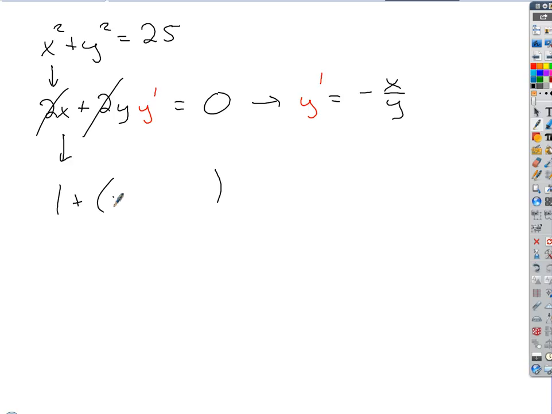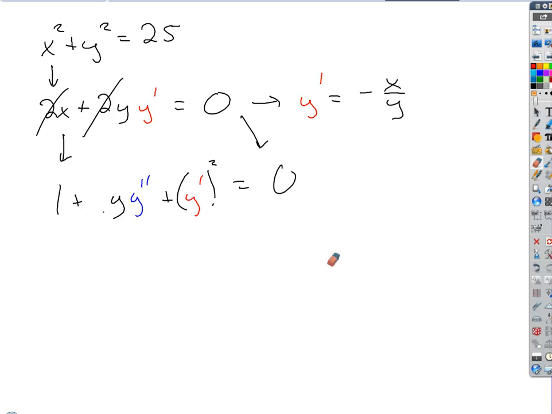I get y times the derivative of y prime, which is y double prime, plus y prime times the derivative of y, which is y prime, so that's really just y prime squared. It turns out I didn't need that set of parentheses, because I'm just adding stuff. And that's all equal to 0. So let's get rid of those unnecessary parentheses.